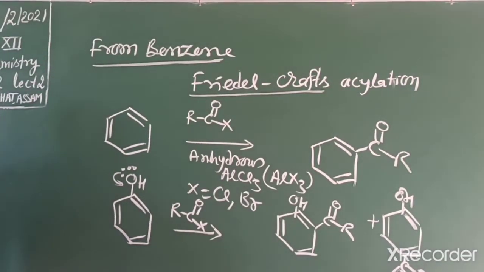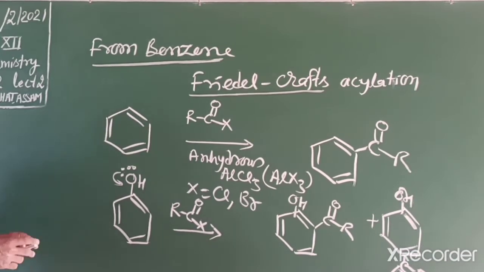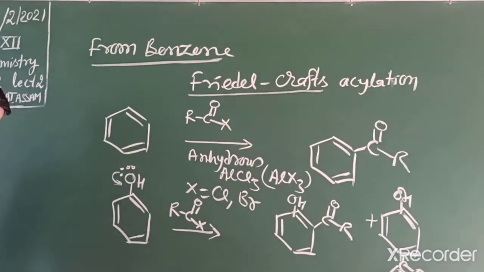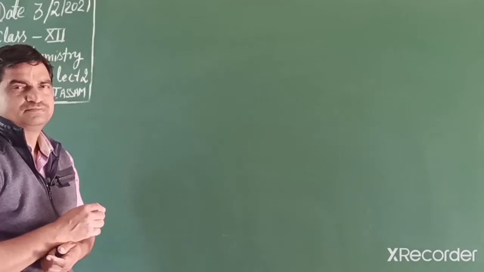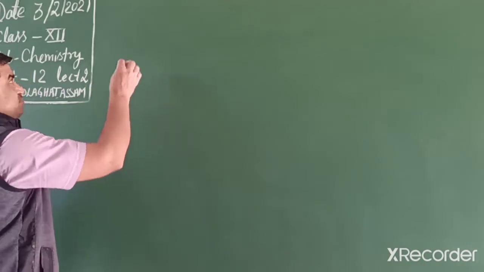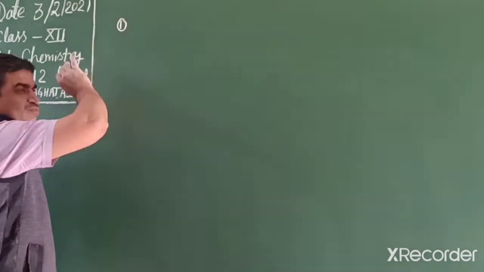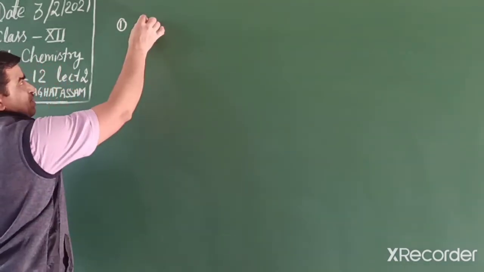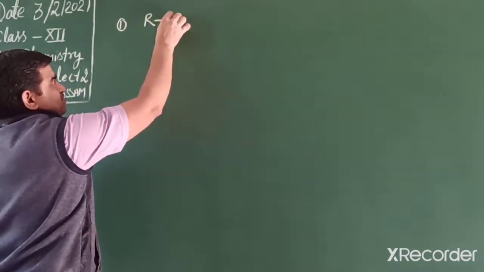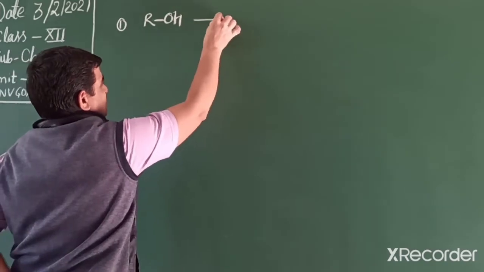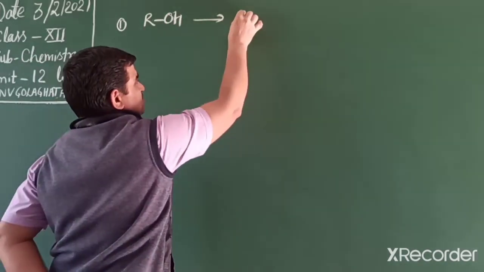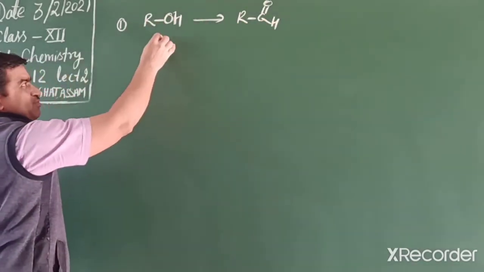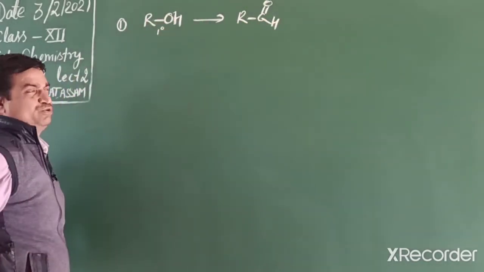Now students, we summarize different methods to prepare aldehyde and ketones. In brief, from alcohols we can prepare aldehydes and ketones both, depending on the nature. If the alcohol is primary, then the product is aldehyde.